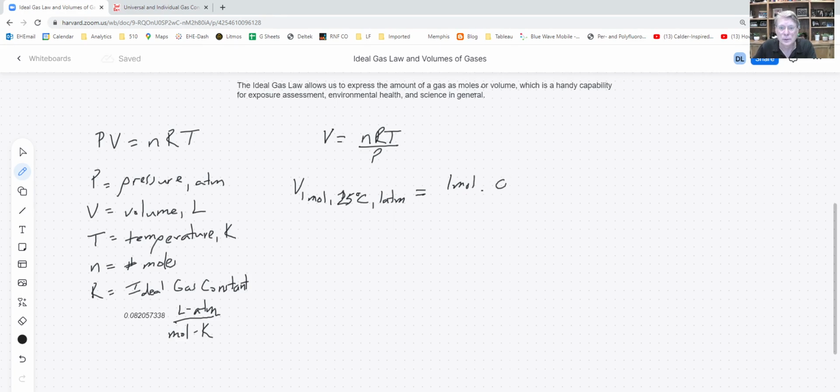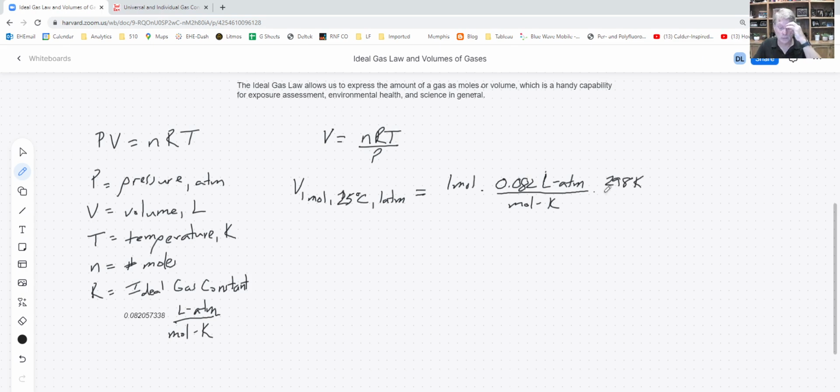And now let's put in the gas constant, 0.082 liter atmosphere. Let's go ahead and put the mole Kelvin in the denominator where they belong. And temperature will be 298 Kelvin.